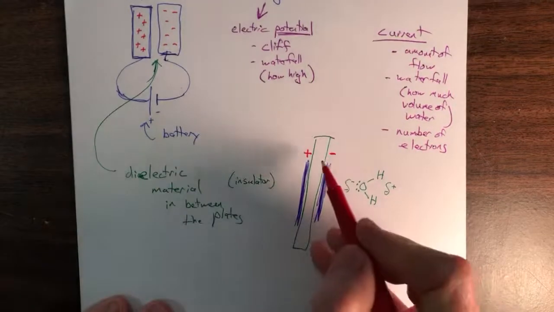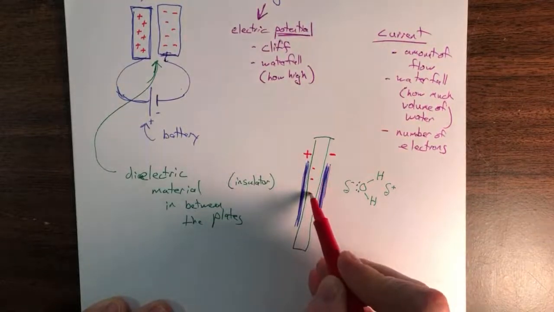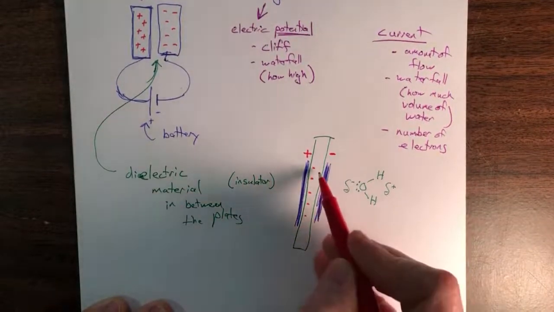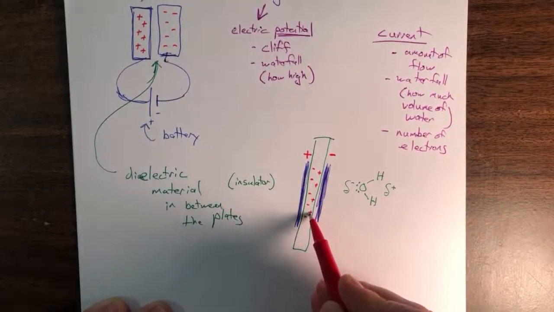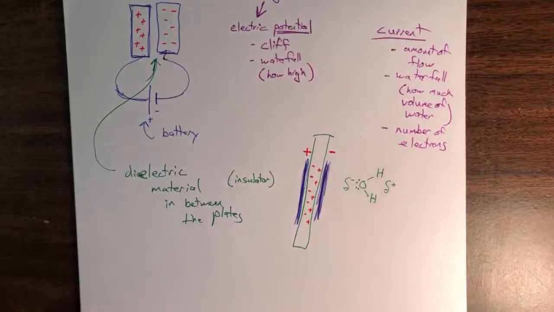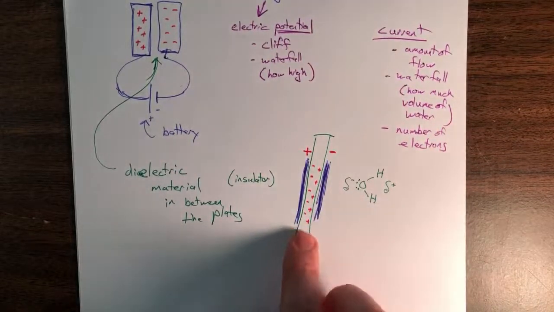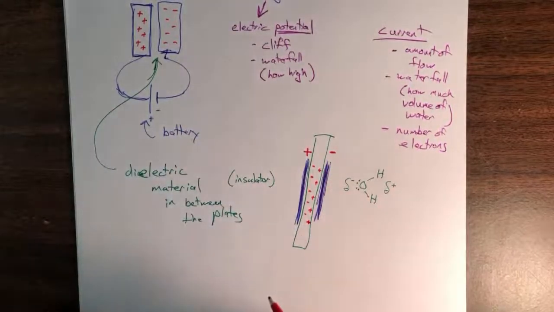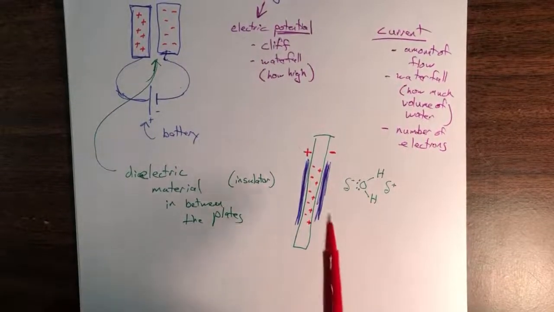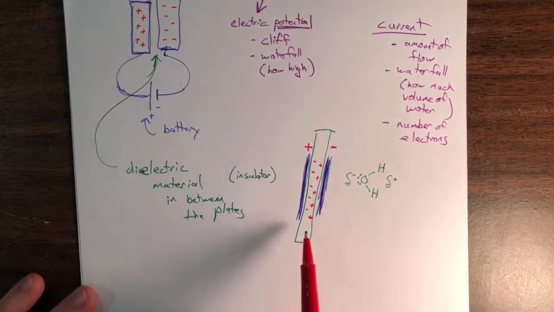So you have set up a little bit of negative charge in the dielectric material and a little bit of positive charge on this side. Again, you can't have any flow, but you have this setup. And so when the dielectric material has a change in the orientation of its molecules, it actually does two things. Firstly it insulates, and secondly, it increases the capacitance.